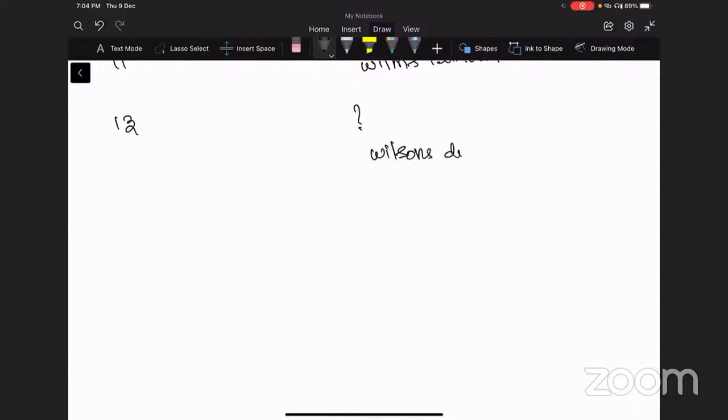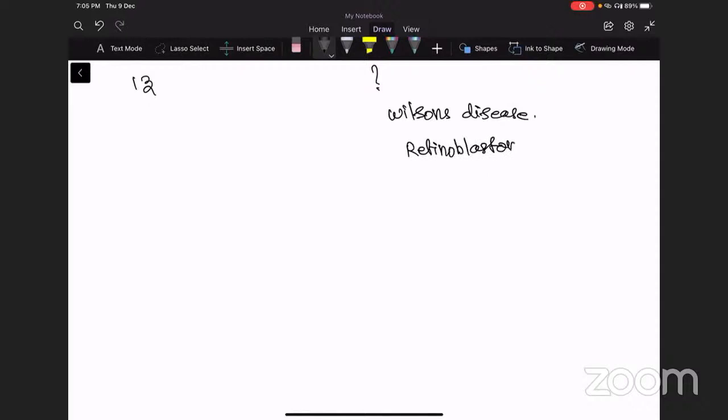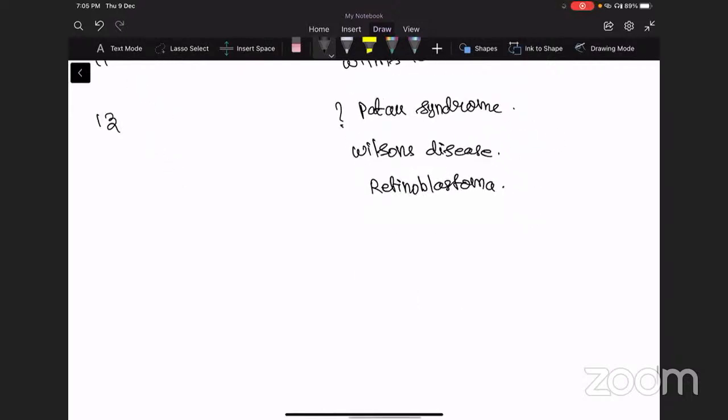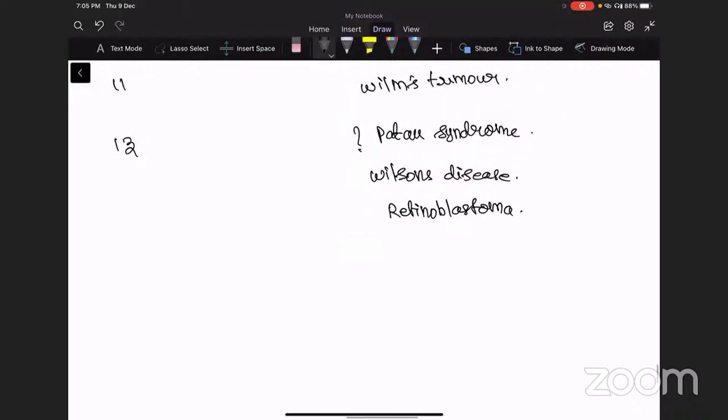Wilson's disease is also chromosome 13, but my question is, which is the syndrome associated with chromosome 13? Retinoblastoma also involves the chromosome number 13. Very good, Karishma. Patau syndrome. Retinoblastoma, correct, 13.